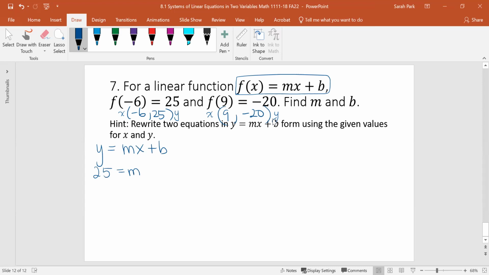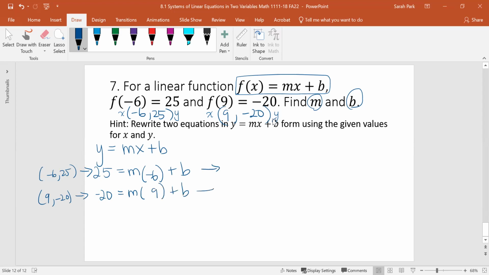And we don't know what the variables are, that's what we're trying to find, so let's find m and b. And for x, we're going to plug in -6, b we don't know yet. So we use the first point, -6 and 25, to set up this equation. We're going to do the same thing with 9 and -20 to set up the second equation. Y is -20 equals m, x is 9 plus b.